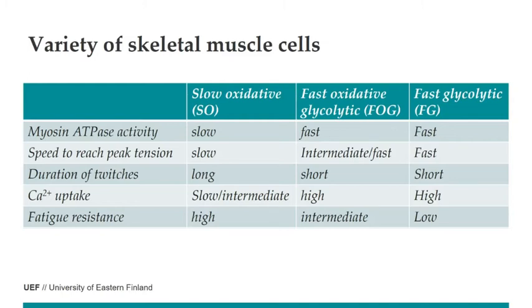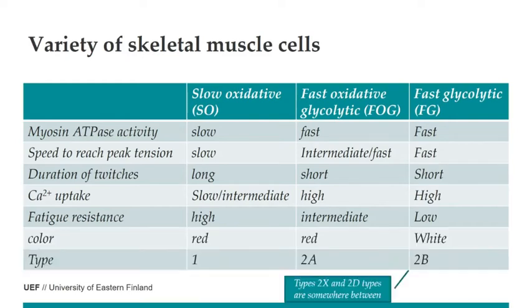So that's why you can use these slow oxidative cells almost continuously all day. But these fast glycolytic cells are very fast to contract and very fast to relax, but they lose the power, the force, quite fast. And not only can we compare them as slow and fast, but the typical way to divide them is that we have red cells and white cells.